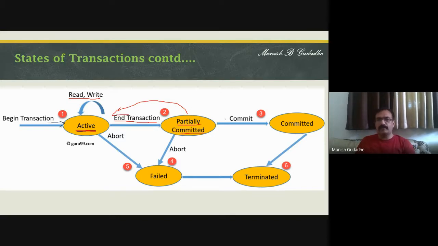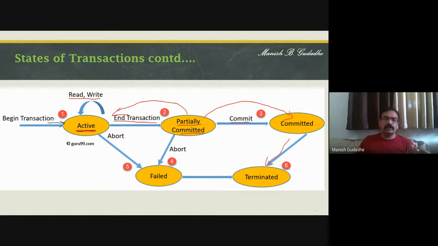Otherwise, we will commit and change the transaction to the committed state. When the transaction is committed, the changes are reflected in the database. It is going to get into the terminated state. The transaction is completely over. Its changes are finally reflected.